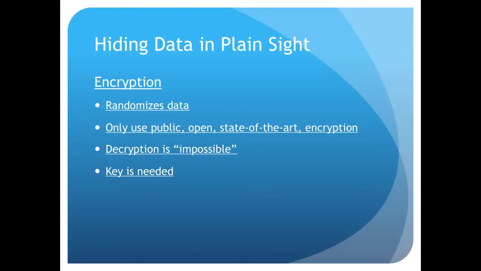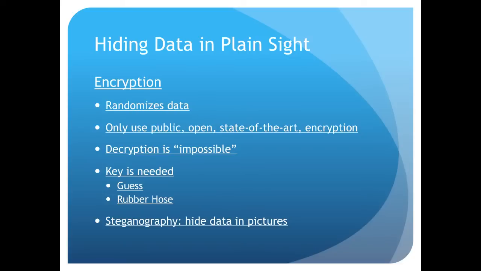So, like I said, it's all about the key at that point. And you guess it, you beat it out of somebody, whatever. Just as an aside, there's an interesting thing called steganography, where you hide data in a picture.